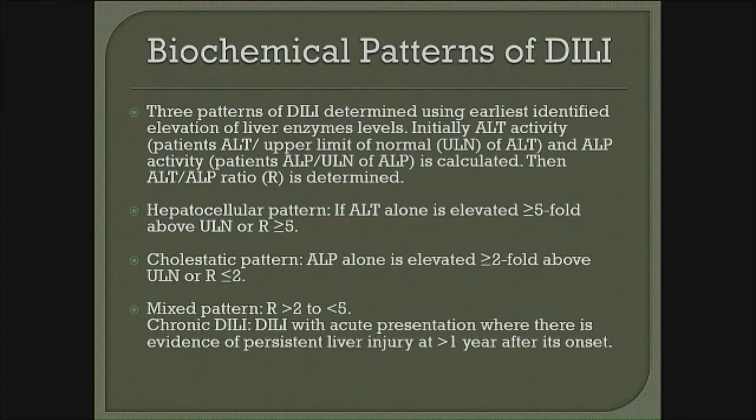And the cholestatic pattern, we can see that ALP alone is elevated 2 or more fold above upper limit of normal, or the R ratio is less than 2. Also the mixed pattern, the R ratio is between more than 2 and less than 5.